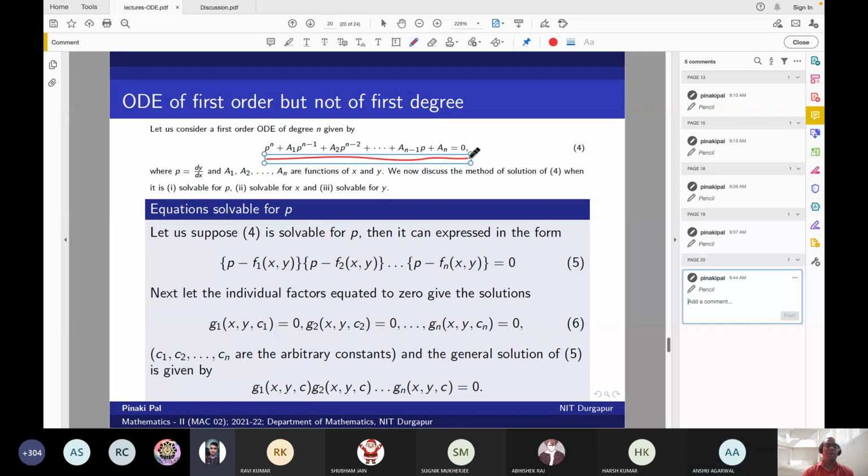P is equal to dy dx, which is conveniently used in the literature, and p to the power n plus a1 p to the power n minus 1. P to the power n means the derivative raised to the power n. So this is not the nth order derivative.